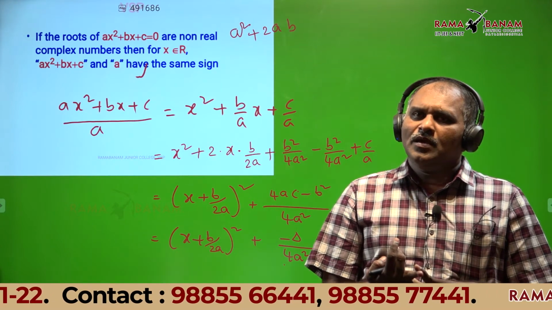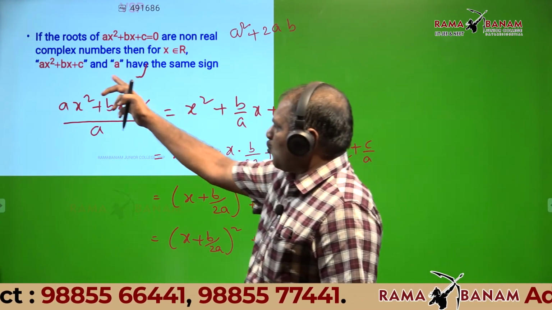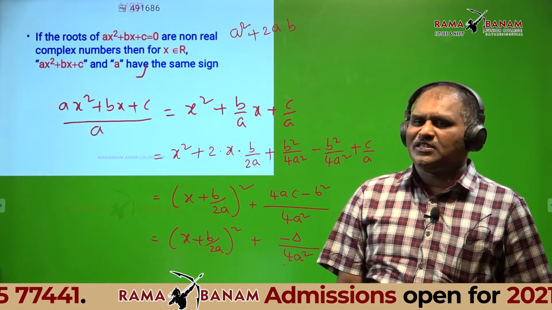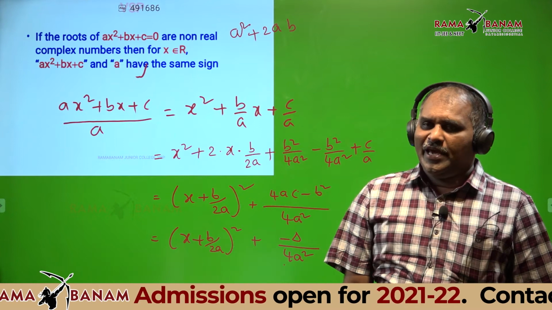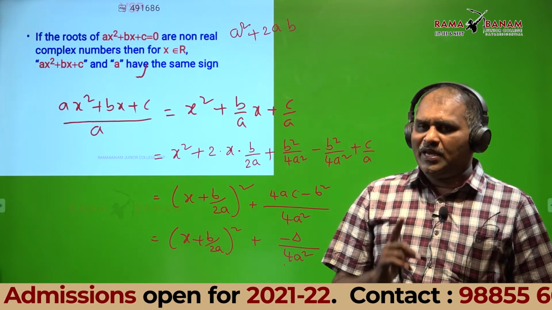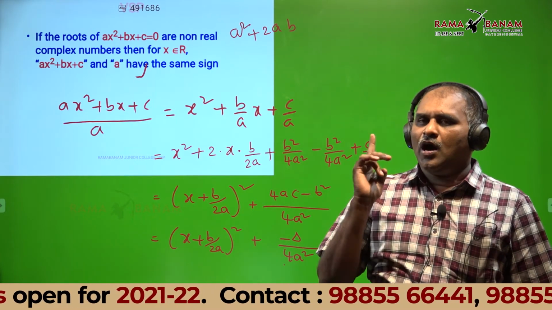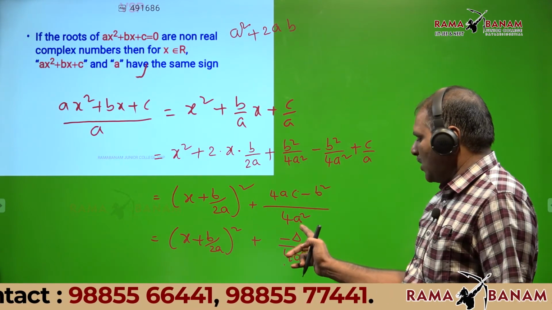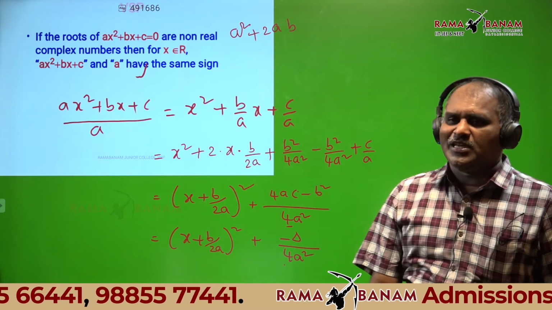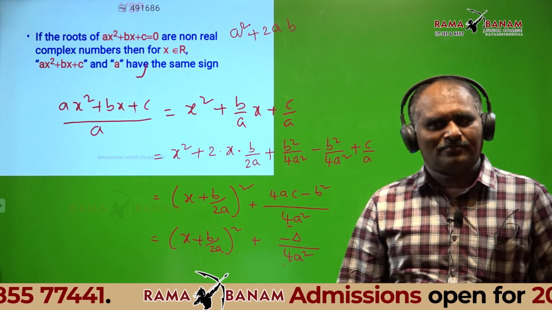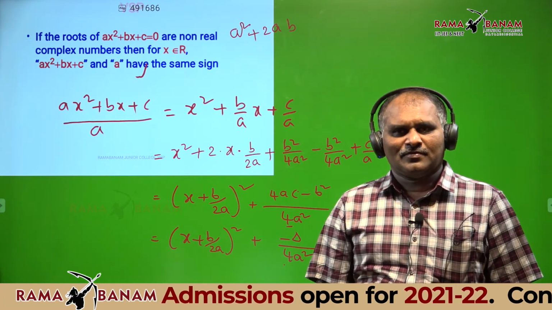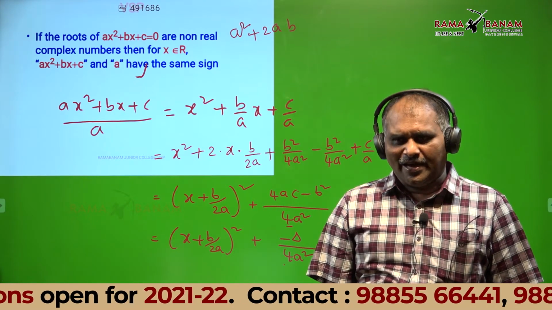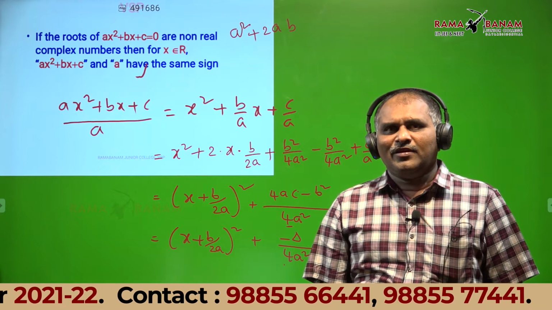Therefore, this total function, ax square plus bx plus c by a, is always either positive or negative depending on the value of minus delta. Are you understanding?